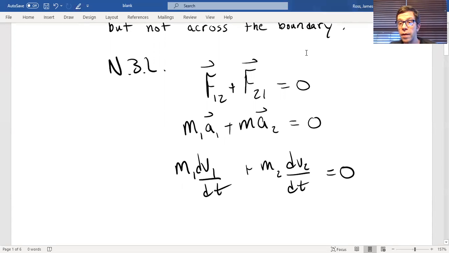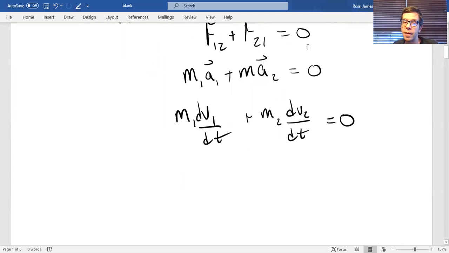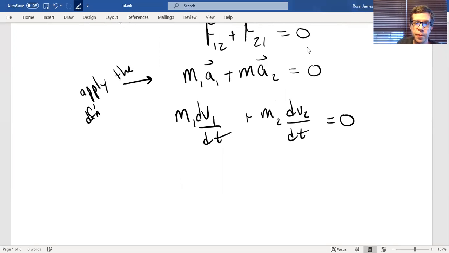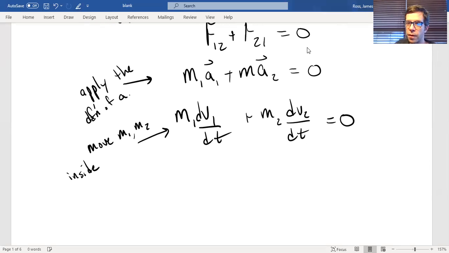And since the masses are constant, we can move m inside the derivative.